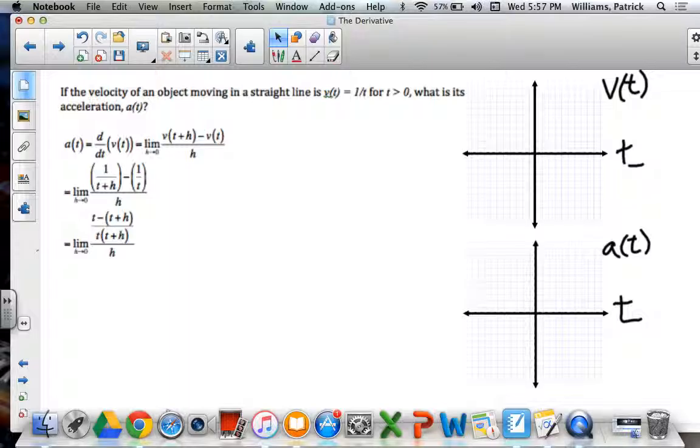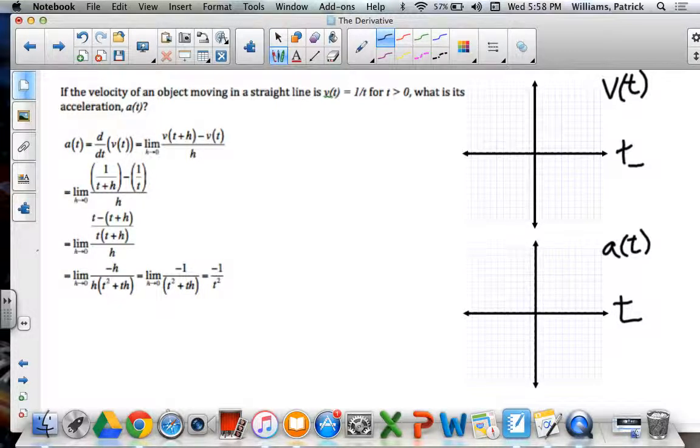Now again, let's look at this. What magic happens? Well, you'll notice in this top right here, we have a t and a negative t, so those will both go away. And then when we distribute the negative sign once more, what we'll get will be that. So what do you notice? In the top and the bottom, we have an h and an h.